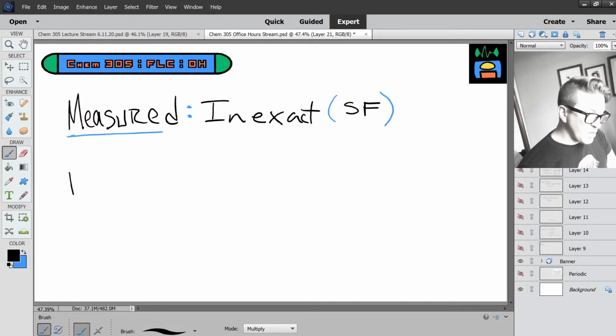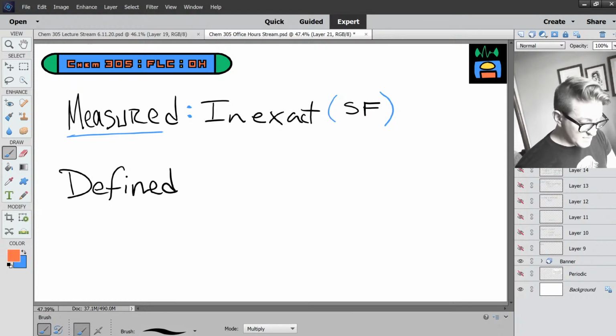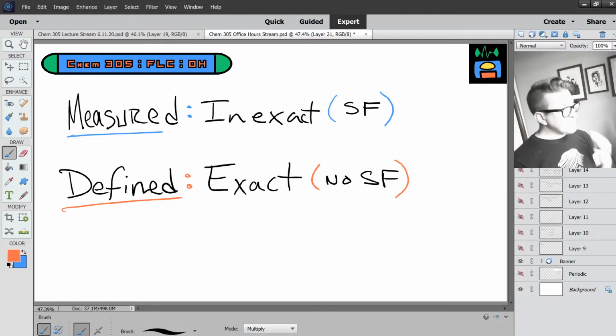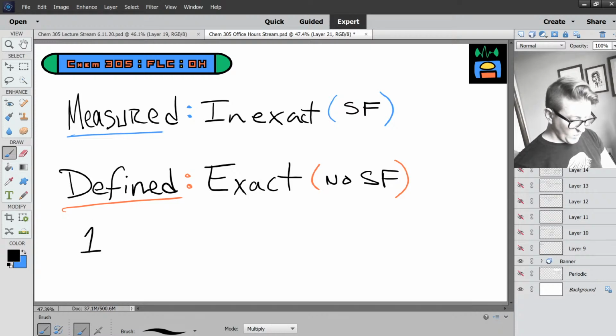If a number is based on a definition, if something is defined, it's exact, which means we have no sig figs. So, for example, 1 foot is 12 inches.